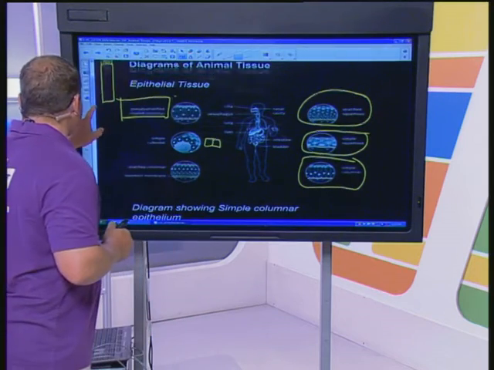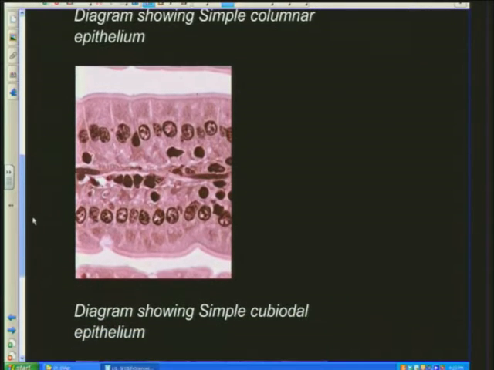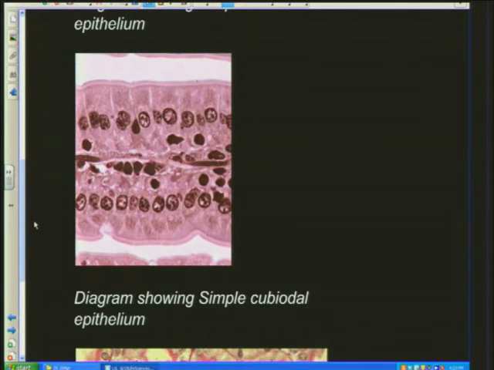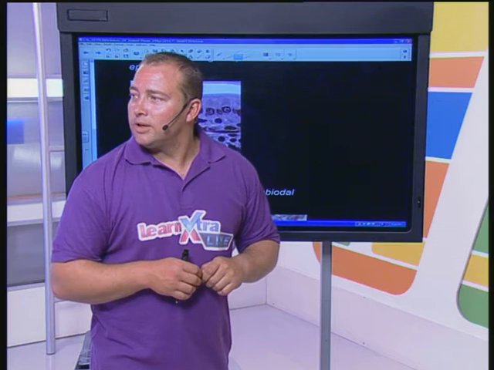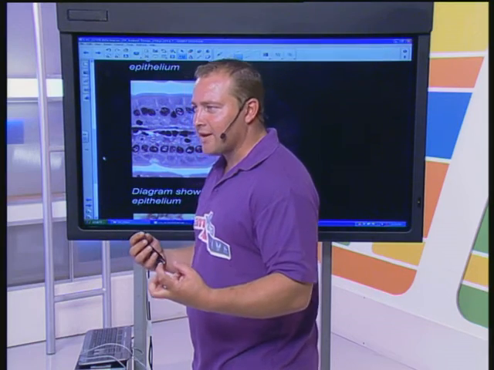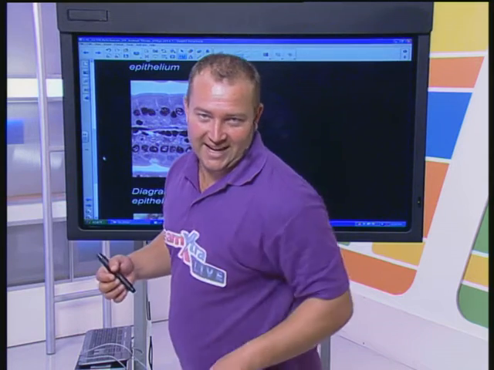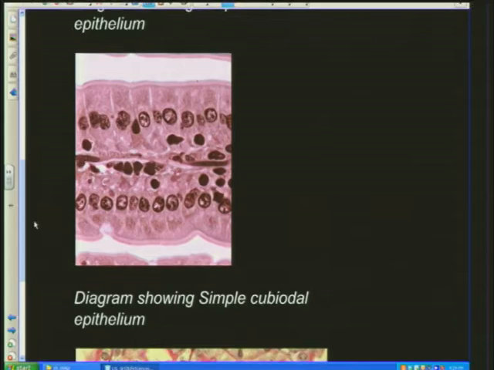Right, now I'll bring this down. Diagram showing columnar epithelial. This is columnar epithelial.